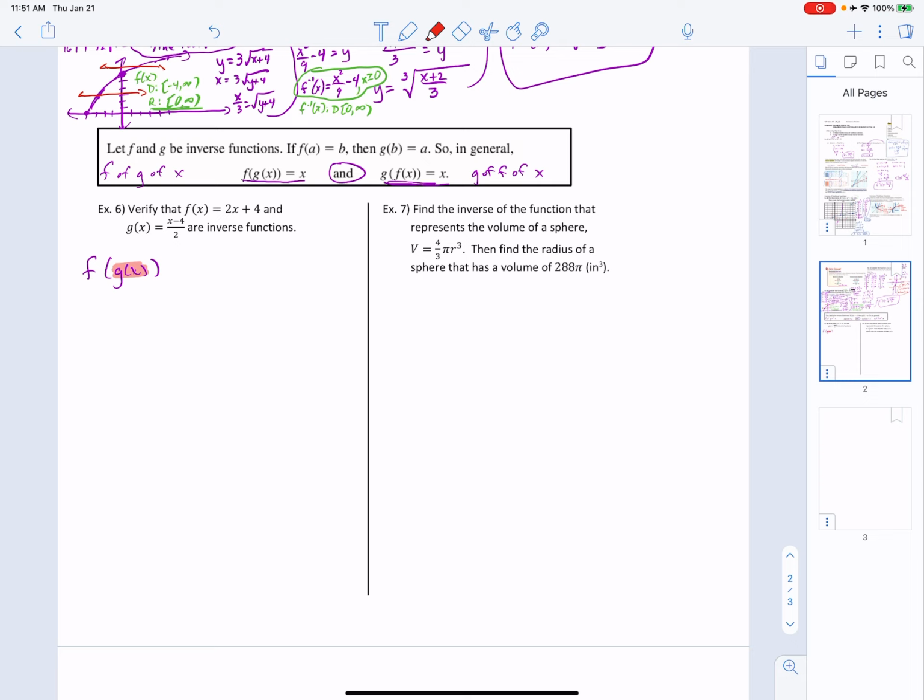I'm going to replace the x's in f with the complete g of x function. G of x is this. So replace g of x with its function. And that means in f of x, where I see x, I am going to be putting this x minus 4 divided by 2.